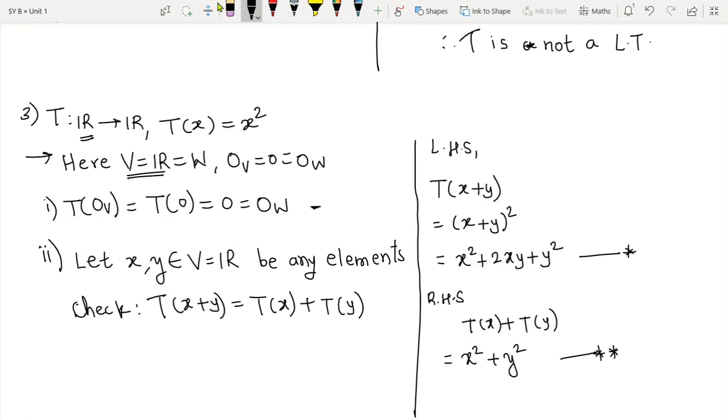So what we can say? We can say that therefore this T of x plus y is not equal to T of x plus T of y. Therefore the second condition is not satisfied. So therefore this is not a linear transformation.